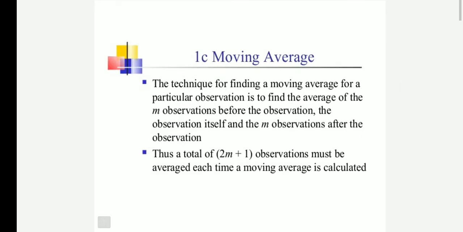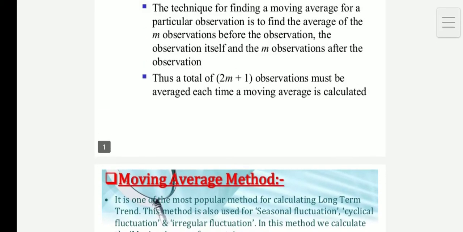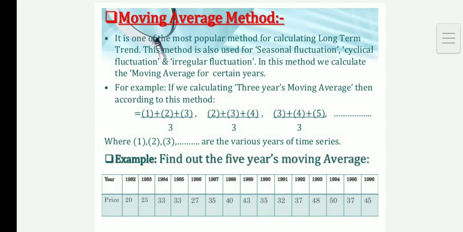Next is the moving average. The moving average method is one of the most popular methods of calculating the long-term trend. This method is also used for seasonal fluctuations, cyclical fluctuations, and regular fluctuations.